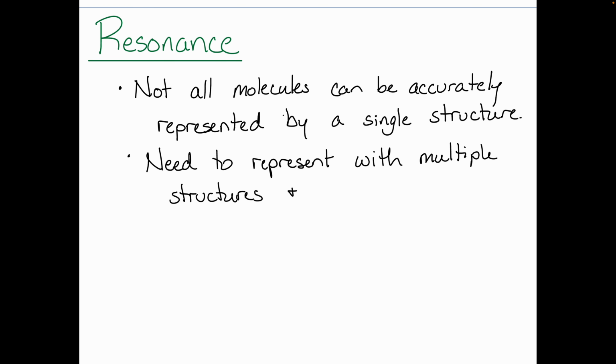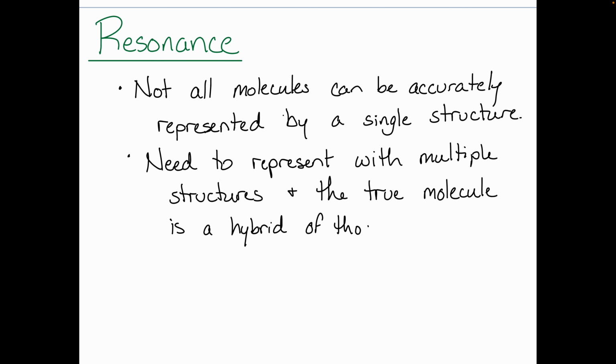And when we do that, our true structure is actually a hybrid of those structures together. Or rather, so we don't overuse the word structure, the true molecule is a hybrid of those structures.